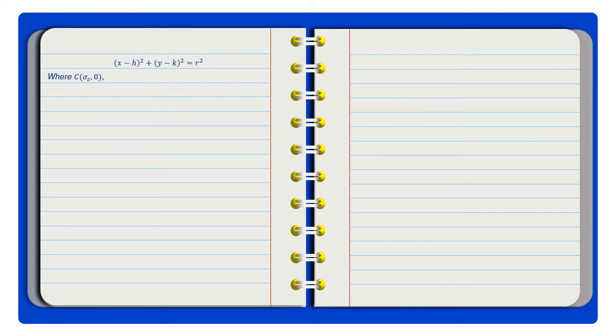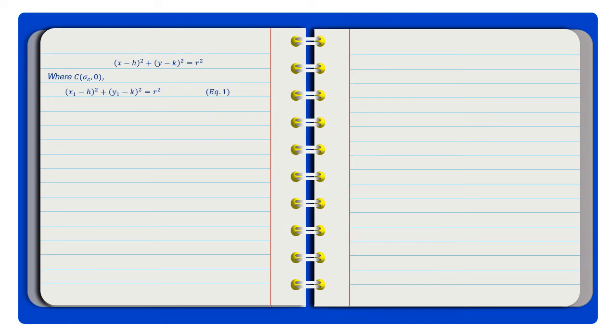So, kasi we need 2 equations, 2 unknowns. So, kaya 2 equations kasi we are unknown with sigma c, tapos unknown din yung radius ng circle natin. So, para mapunan yung 2 equations, 2 unknowns, so, magkakaroon tayo ng 2 equations.